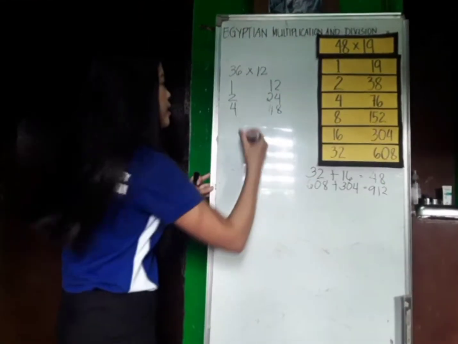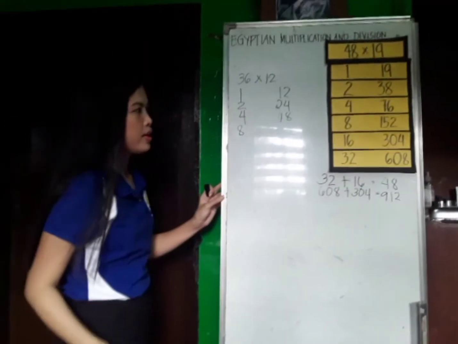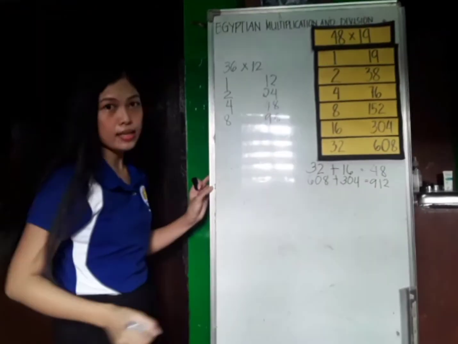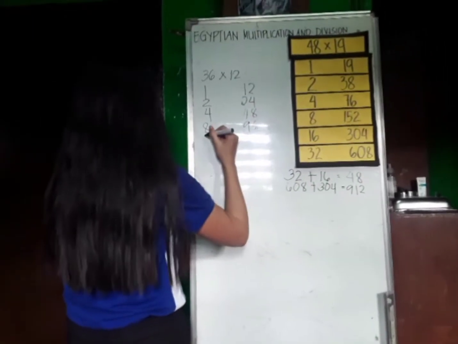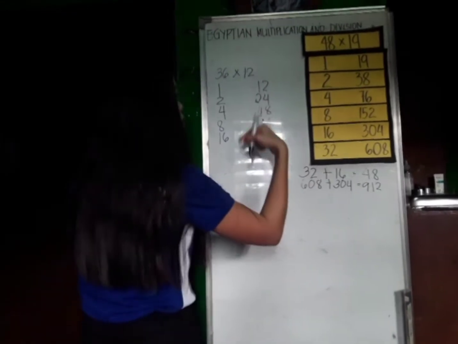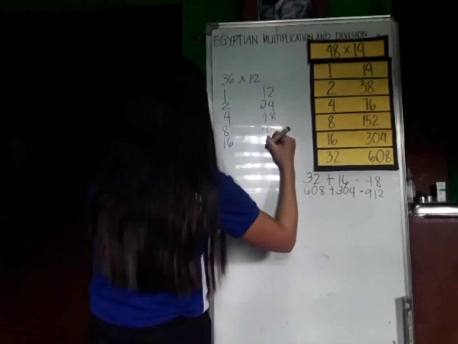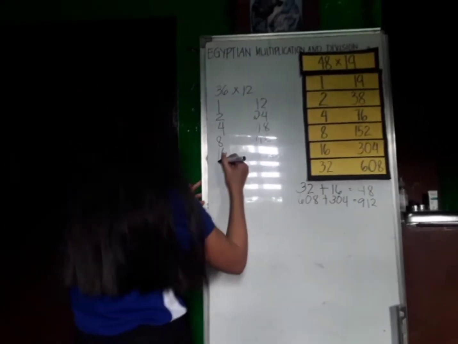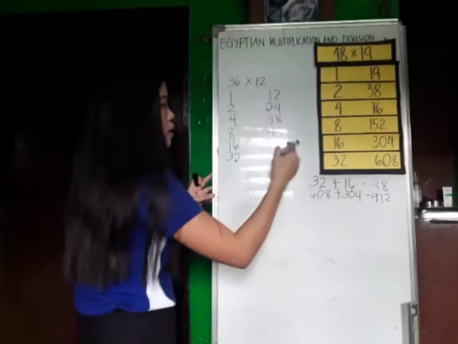And 8 will be 48 plus 48, 96. 16 will be 192. And the last one is 32, which will be 384.